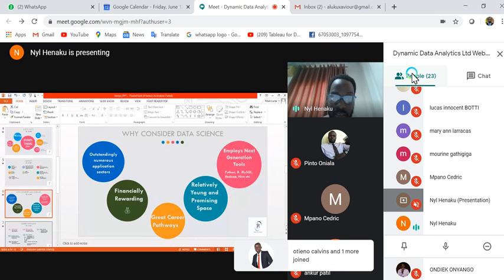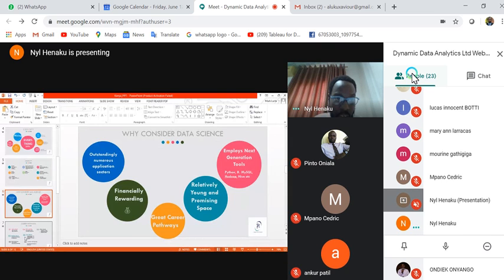If you ask me, I will tell you that data science has no limitation in terms of application. It has no limitation whatsoever. So it's applicable in every field. So far as there's data in the marketing space, you can apply data science, right? Wherever you can find data, even in your churches, there is data.